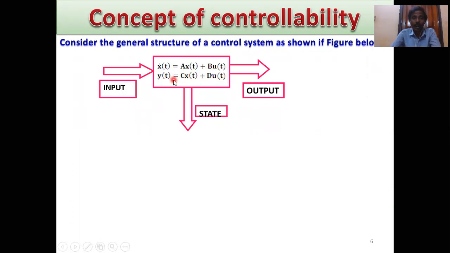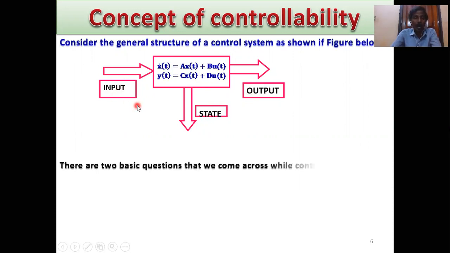This is the state equation and y t is the output equation, and this is the output and this is the state. The input may be step, ramp, parabolic, impulse, any type of input you can apply.